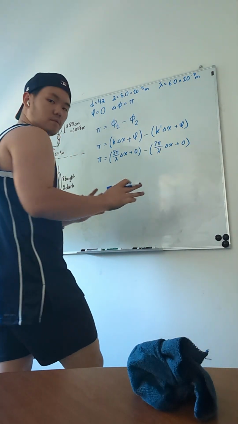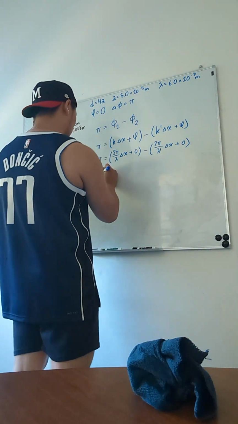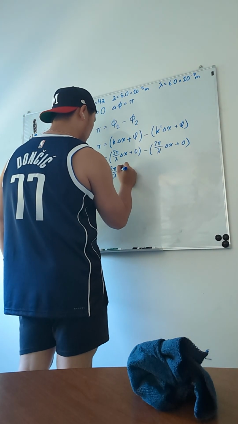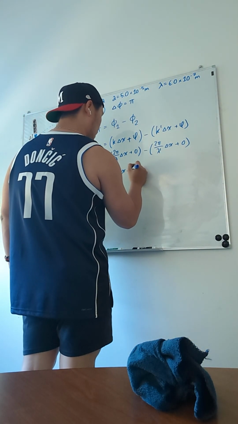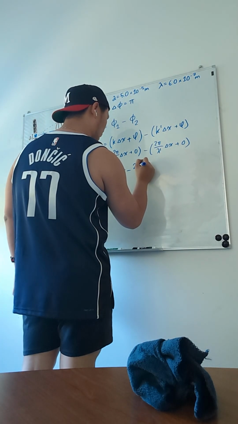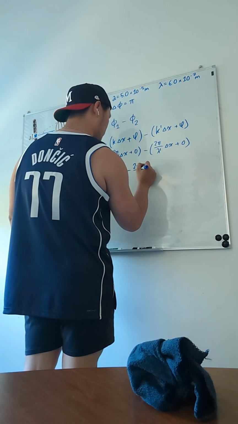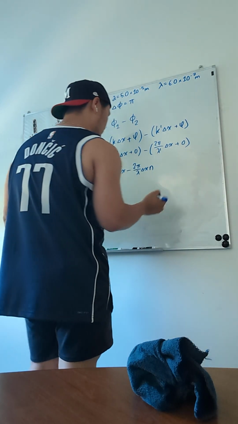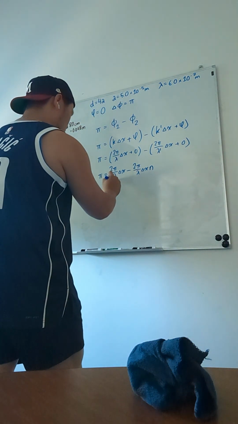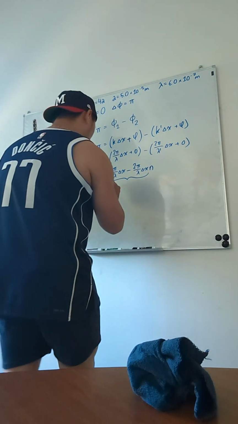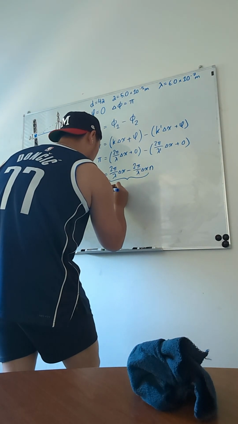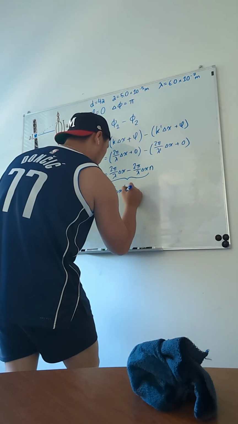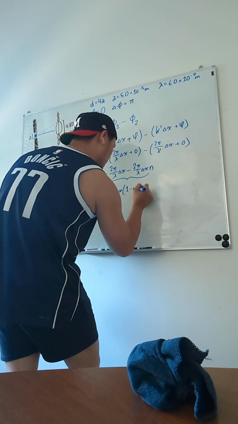So we get pi equals 2 pi over lambda del x minus 2 pi over lambda del x n. Now we can factor this out, so what we get is pi equals 2 pi over lambda del x times 1 minus n.